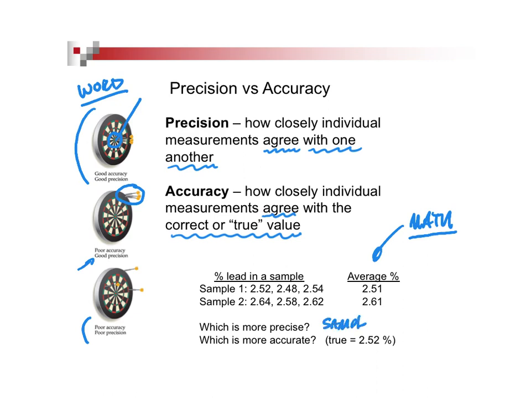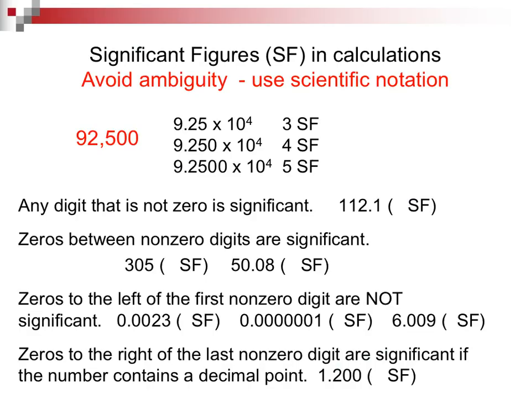Well, that would be sample 2. 2.64, 2.58, 2.62, very, very close to the average. As for which is more accurate, if the true value is 2.52, you would compare it to the average, and that would be sample 1. Precision versus accuracy. Very important concept in class.